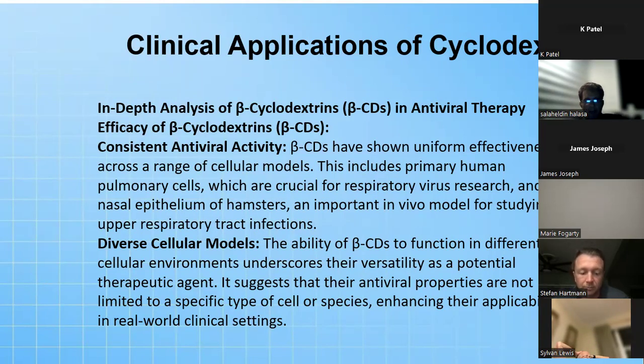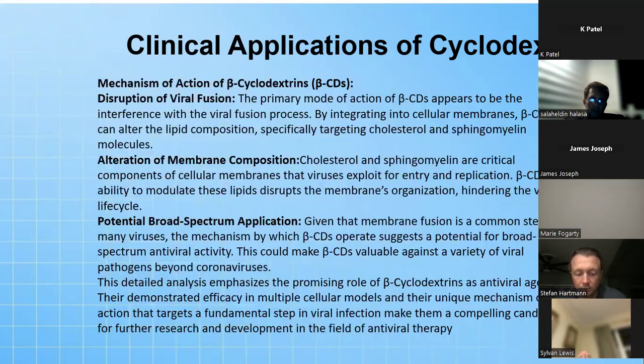And how it works is by inhibiting the fusion, the endocytosis process of the virus with the host. The ability of cyclodextrin to function in different cellular environments underscores their versatility as potential therapeutic agents. It suggests that their antiviral properties are not limited to specific cellular species, enhancing their applicability in real-world clinical settings, because it works in general. It's not specific, like for spike protein only. Any enveloped virus, it will intercept or prevent its fusion and endocytosis by the host by interrupting that process.